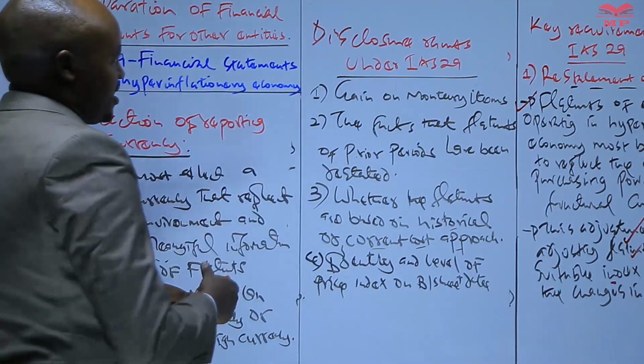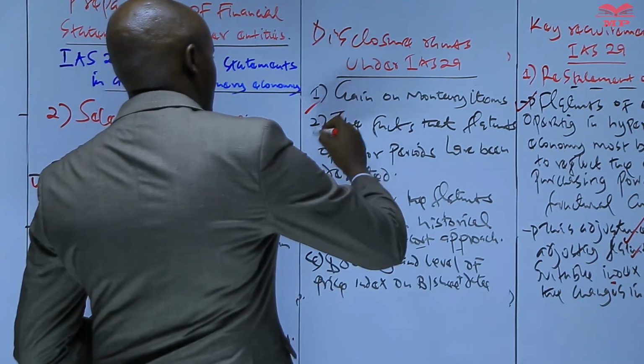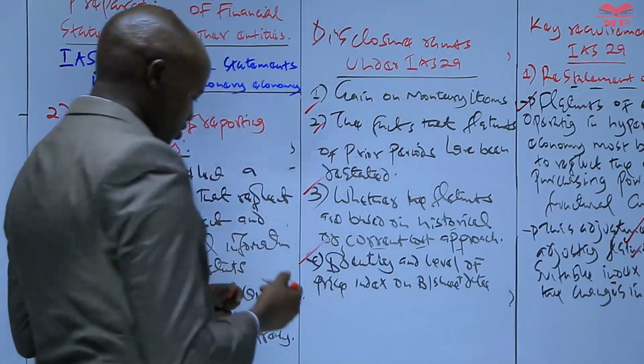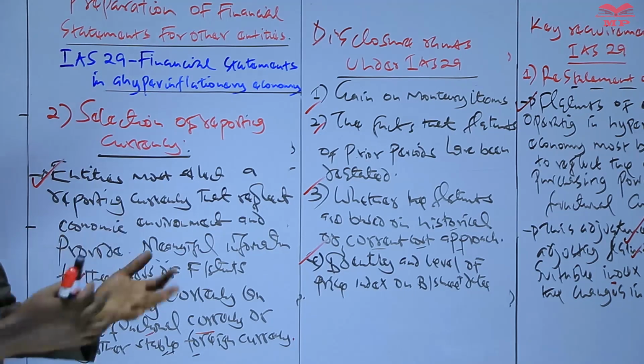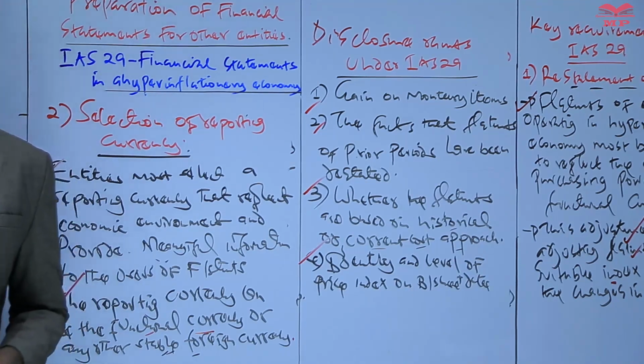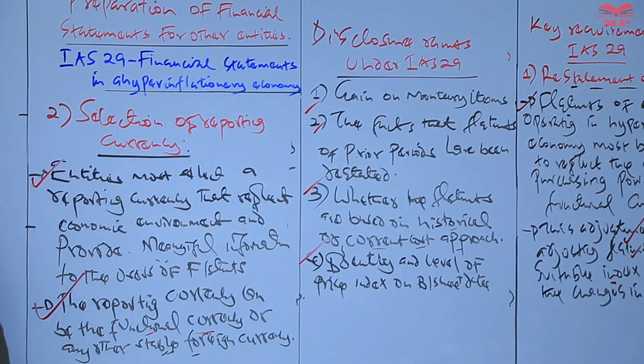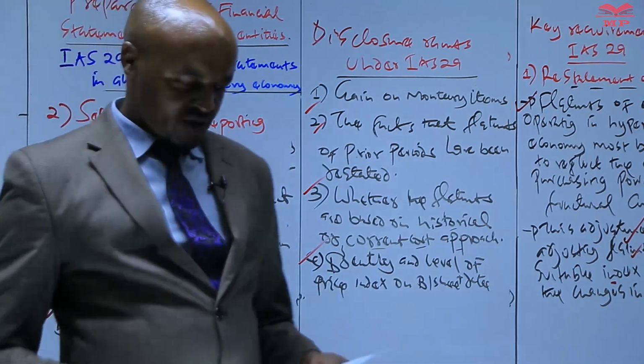So basically these are some of the information which needs to be disclosed by entities which are operating in what is referred to as a hyperinflationary economy. So I think that is basically what you need to know as far as IAS 29 is concerned.